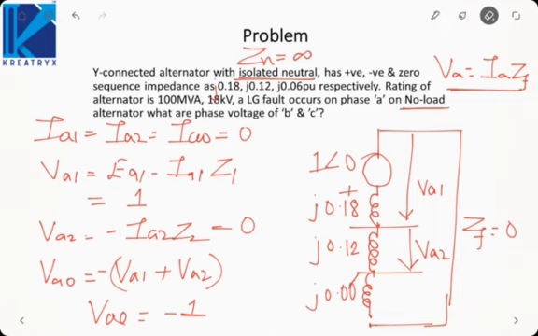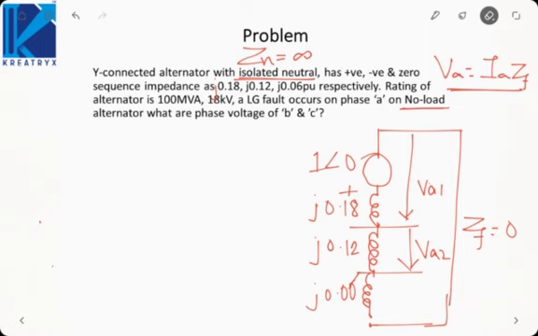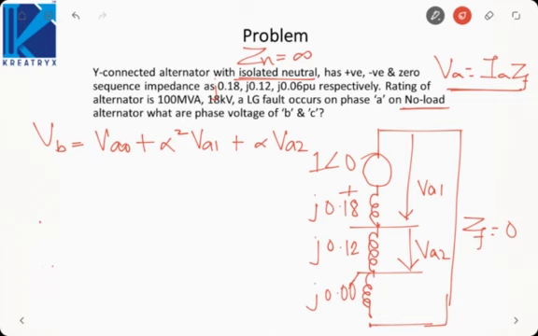So now we know the sequence components of the voltages. We can calculate VB and VC. So VB is actually how much? VA0 plus alpha square VA1 plus alpha VA2. So VA0 is minus 1, alpha square VA1 is 1 angle 240 into 1, and VA2 is 0.